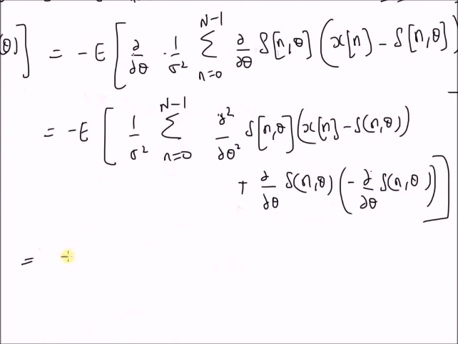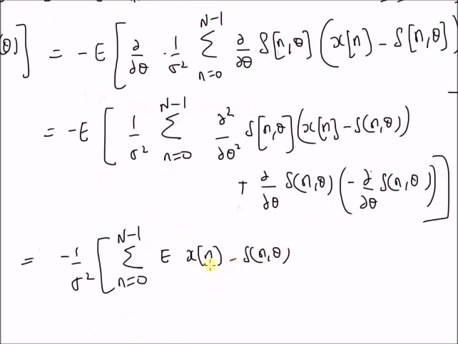And this is equal to minus 1 by sigma square summation n equal to 0 to n minus 1 expectation of x of n minus s of n comma theta multiplied by the second derivative of the signal.